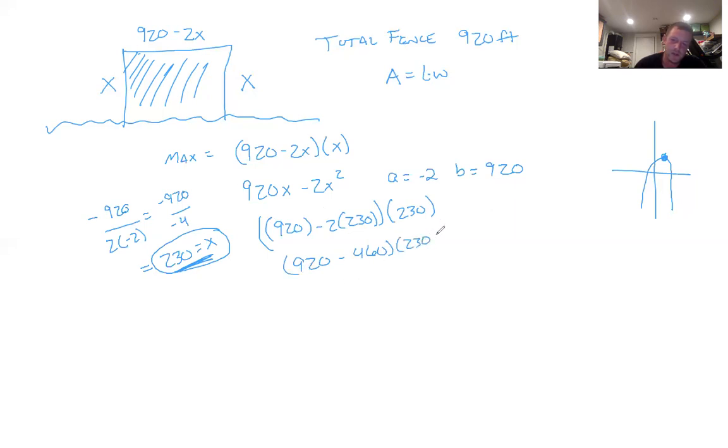So 460 times 230. And so my total area, or my maximum area at this vertex, is 105,800 feet squared. And that'd be your answer. This would be the maximum area.